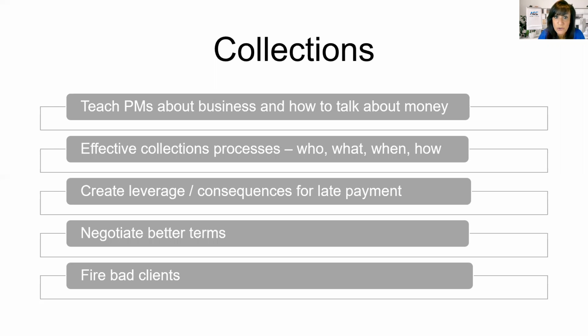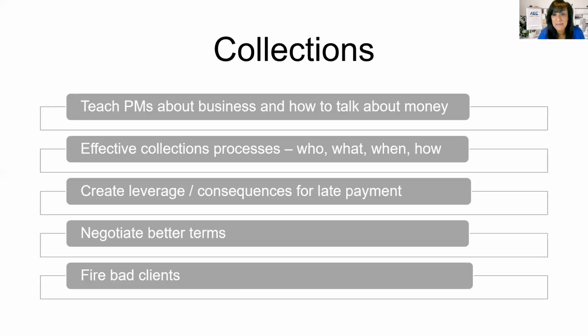It should include documentation on how to record collection calls in your system, and it should include what language and scripts to use for, you know, how do you ask for money?